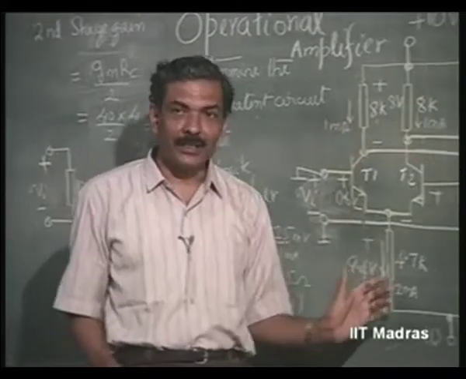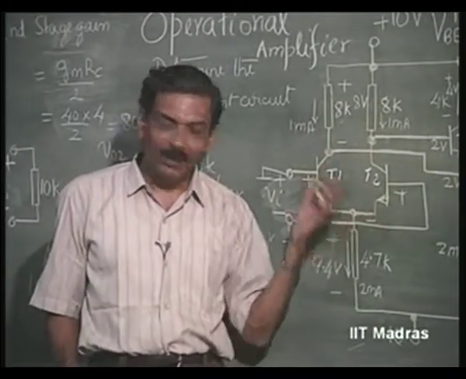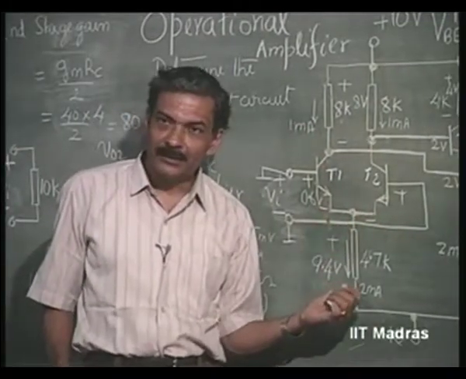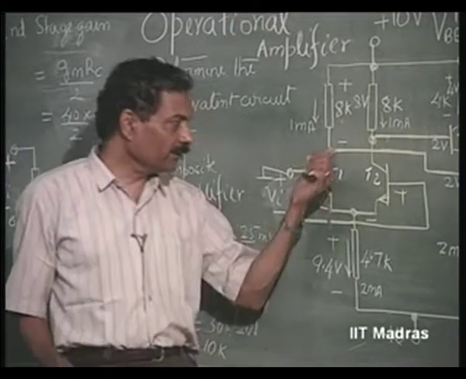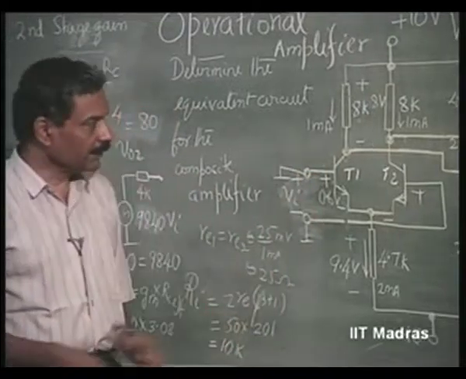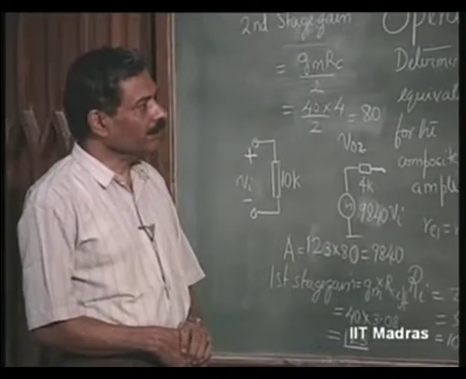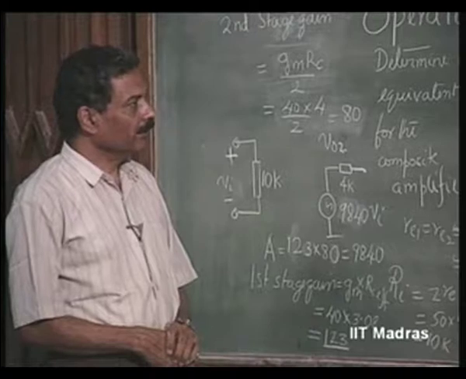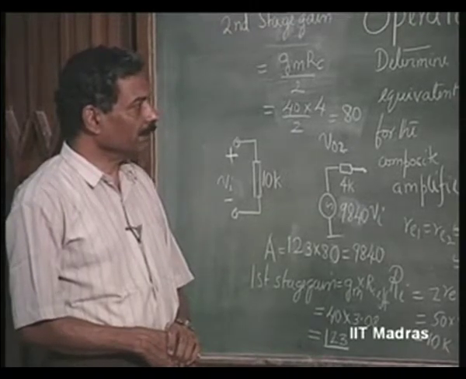So, we do not bother about the gain reduction here, we purposely make this operating current very small and this voltage very small. Okay. So, this is the situation of design in what is called operational amplifiers.